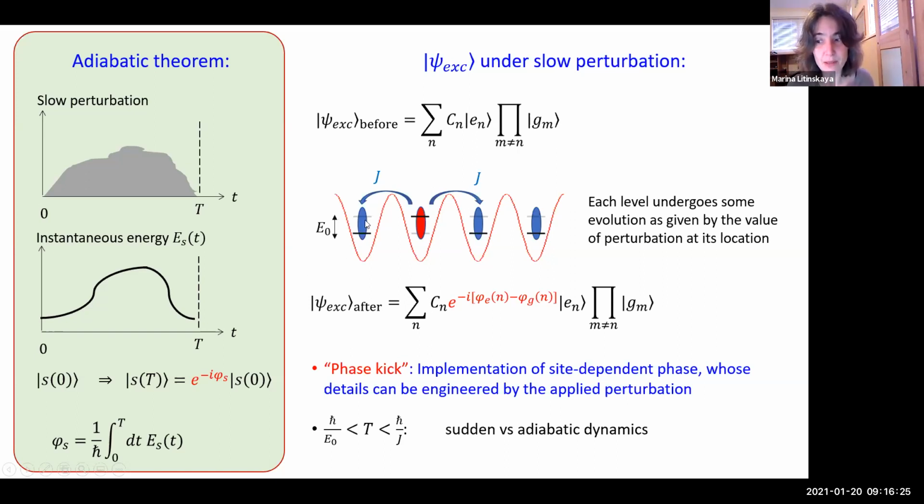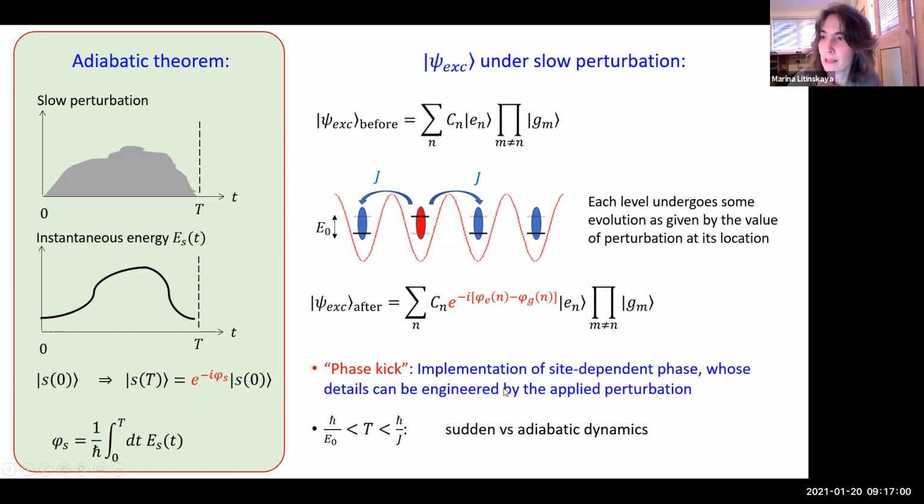We don't want to excite these molecules, but it should be sudden with respect to the scale 1 over J, to the excitation transfer, because we want to impart the phase onto a specific exciton. We don't want the excitation to transfer during the time in which we impose this phase. So this is the basic idea. Site-dependent phase can be implemented on the excitonic wave function. And let's see what we can do with that.